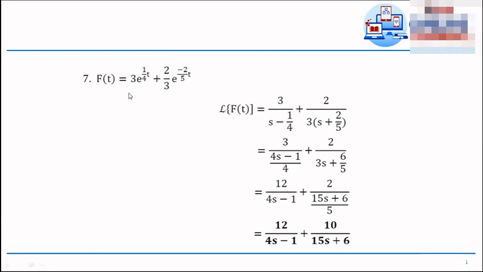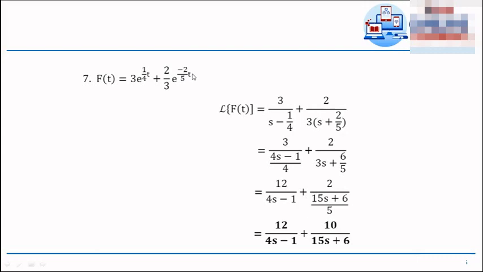The function of t is equal to 3 e raised to 1 all over 4t plus 2 all over 3 e raised to negative 2 all over 5t. It's a combination of your formula number 4 and 5. E raised to positive a multiplied by t and e raised to negative a multiplied by t.